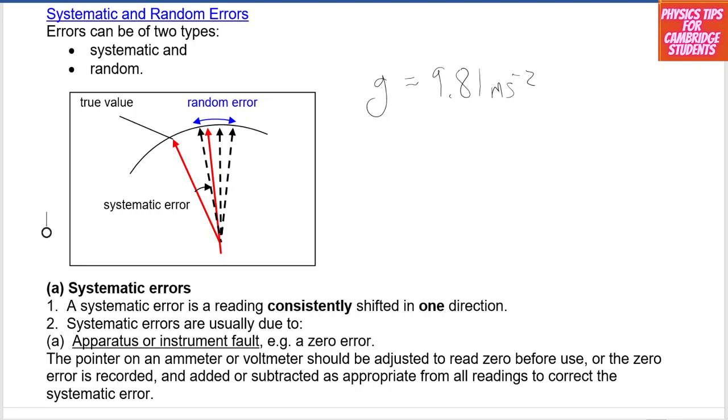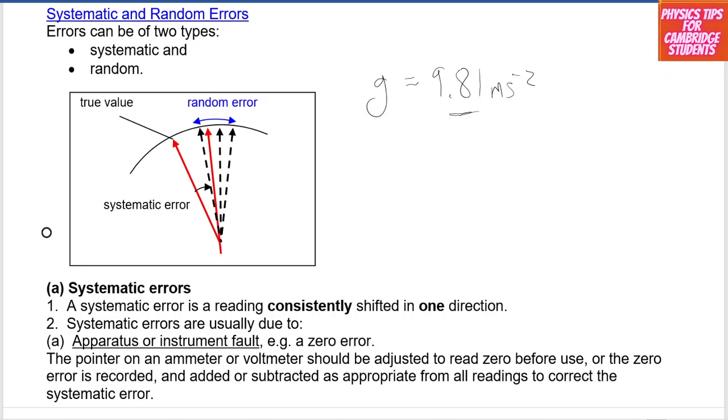Now if you get values that are very close to one another and very far away from 9.81 meters per second squared, we say that there is a random error in the readings. And then if you find values that have a constant deviation from the true value, these have what is called systematic errors.